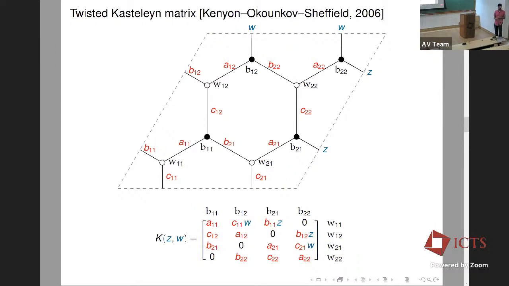It goes around in this direction with every power of Z. We'll see soon what the Z and W mean. It's a variable. It's going to keep track of some information about how many times the dimer cover winds around the torus. So I'll say precisely what it keeps track of soon.